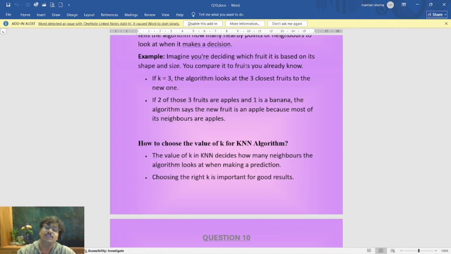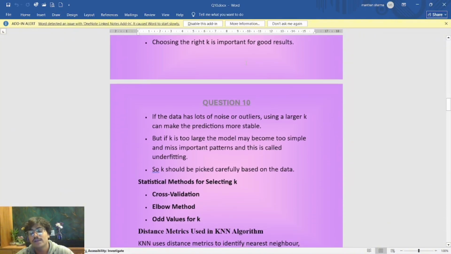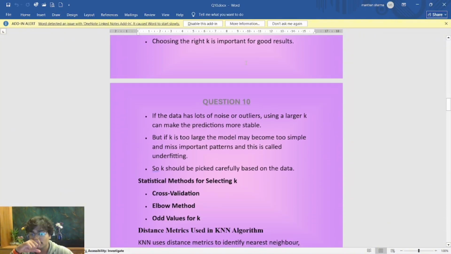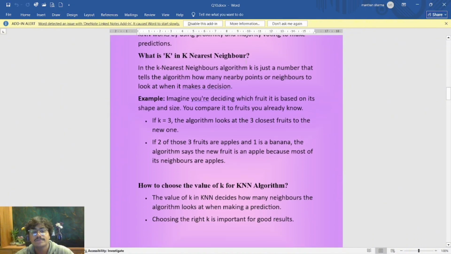So now the distance metrics used in KNN to find the nearest neighbor. KNN uses distance formulas, and the three most common ones are Euclidean distance, the straight line distance between two points, and Manhattan distance.